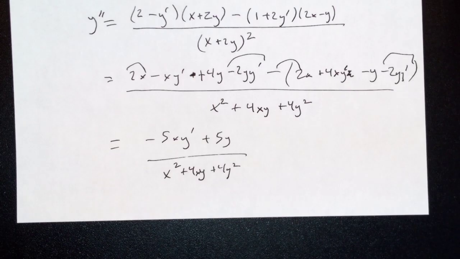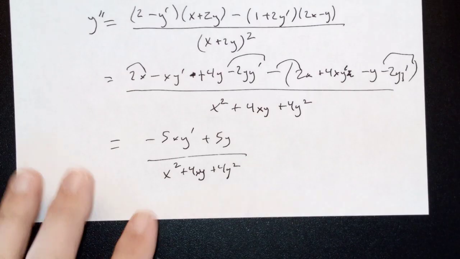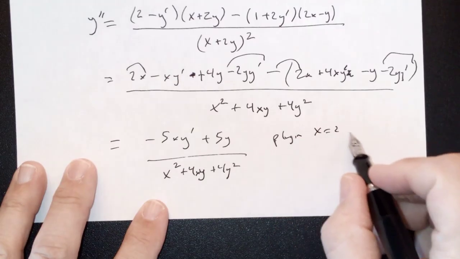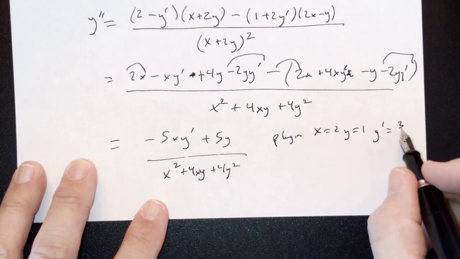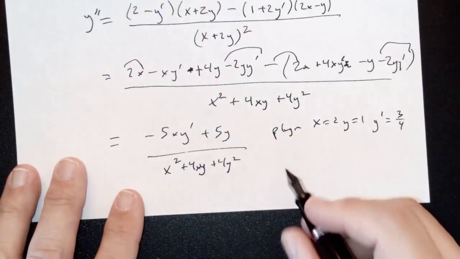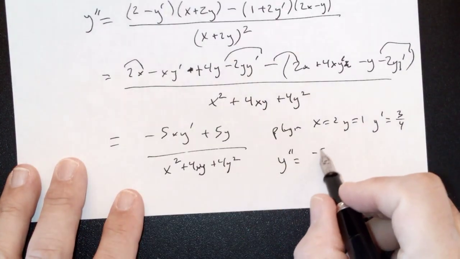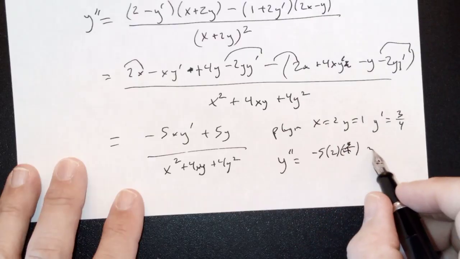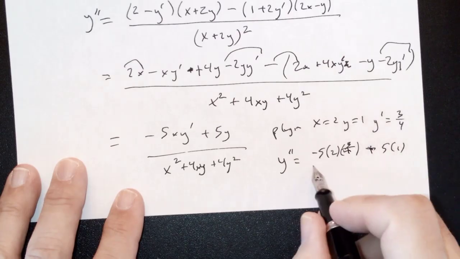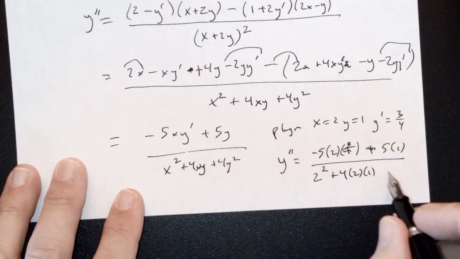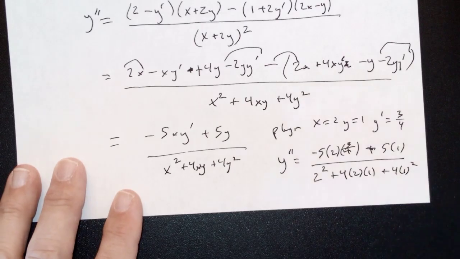We need the value at our point before we do the third derivative. So I plug in x is 2, y is 1, and y prime is 3/4, because we got that right here. And I get y double prime: negative 5 times 2 times 3/4 plus 5 times 1, over 2 squared, plus 4 times 2 times 1, plus 4 times 1 squared.